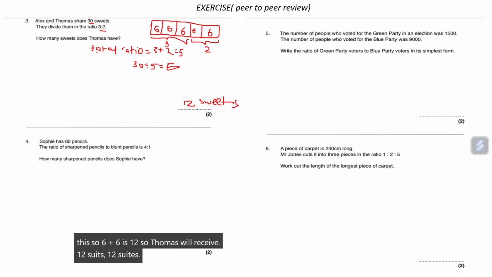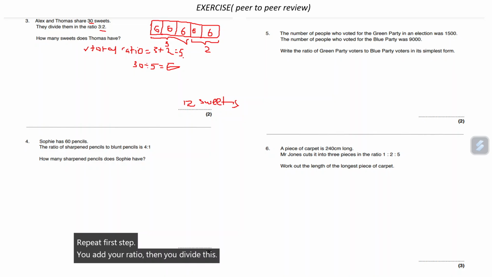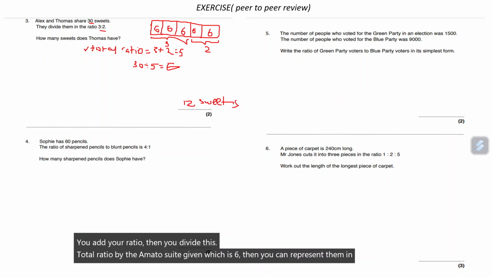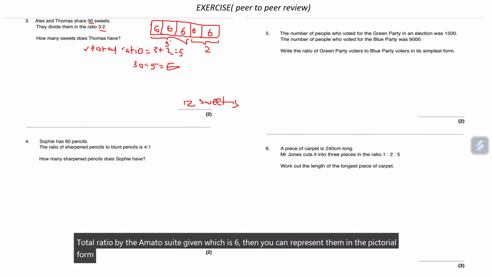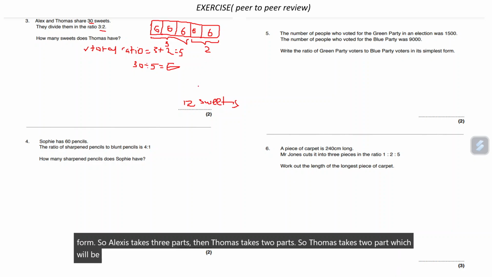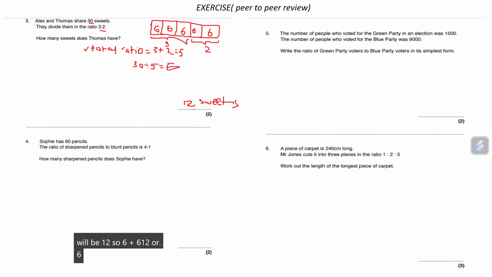I repeat, first step, you add your ratio, then you divide the amount of sweets given by this total ratio, which is 6. Then you can represent them in the pictorial form. So Alex takes 3 parts, then Thomas takes 2 parts, which will be 12. So 6 plus 6 is 12.